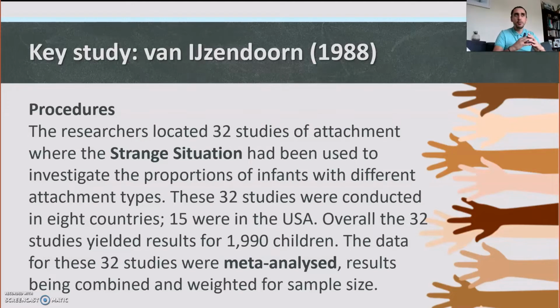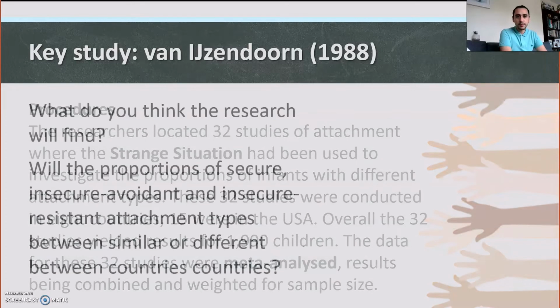Massive population or participants, essentially. Lots of participants means that it's more representative of the population, therefore it's more generalizable, okay? The data for these 32 studies were meta-analyzed, results being combined and weighted for sample size.